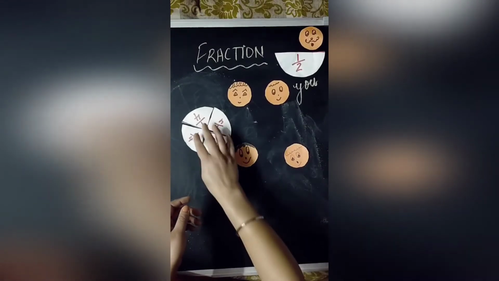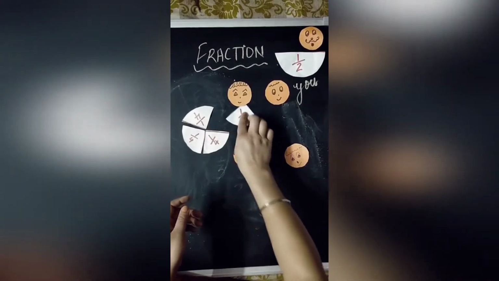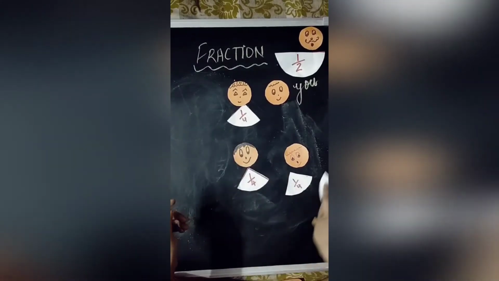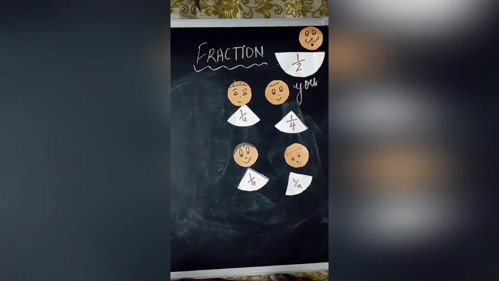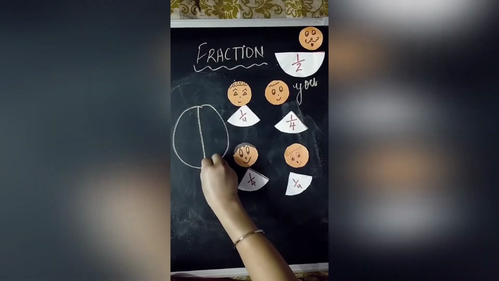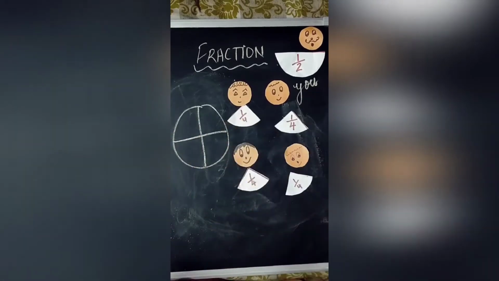You need to make 4 equal parts. He'll get this, he'll get this, he'll get this, he'll get this. Or we can say, for this pizza, we'll make its fourths. Fourths means 4 equal parts.